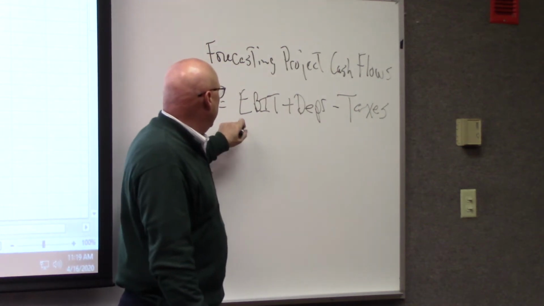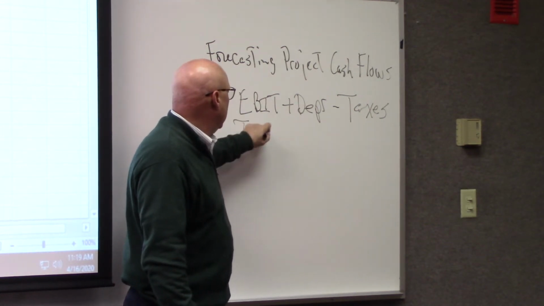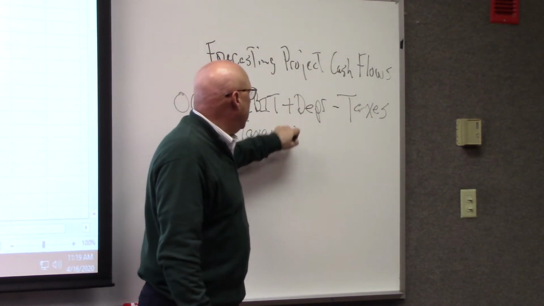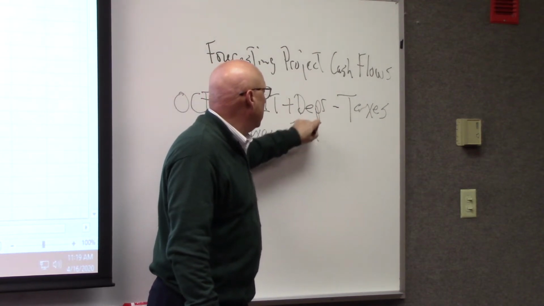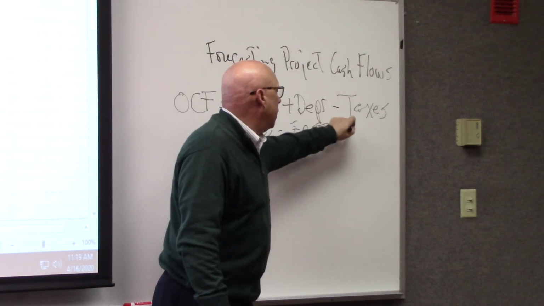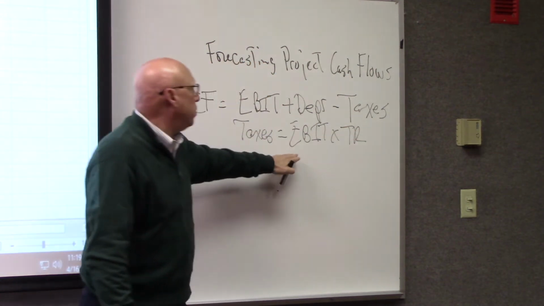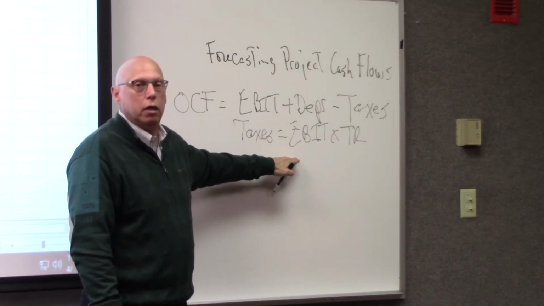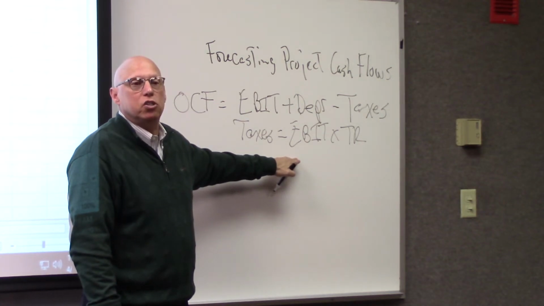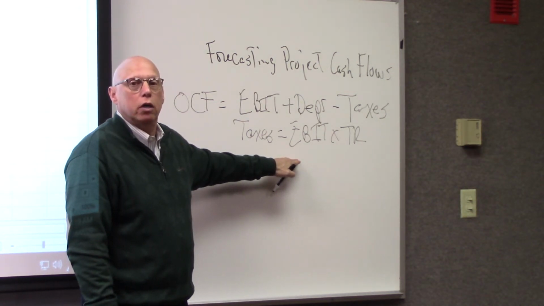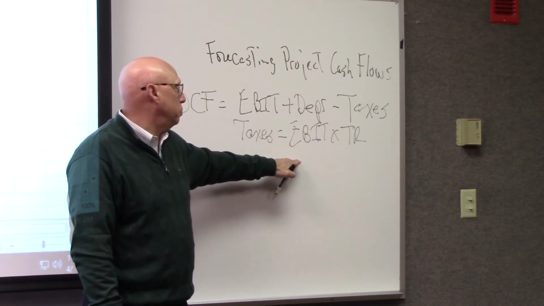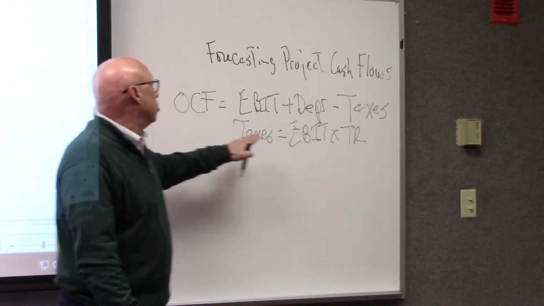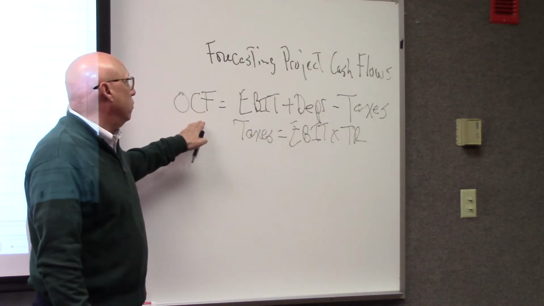And the taxes equal EBIT times the tax rate. You take EBIT instead of pre-tax income, because with pre-tax income, interest expense is often subtracted, and you don't want to involve interest expense in any way. So you have to come up with operating cash flow.